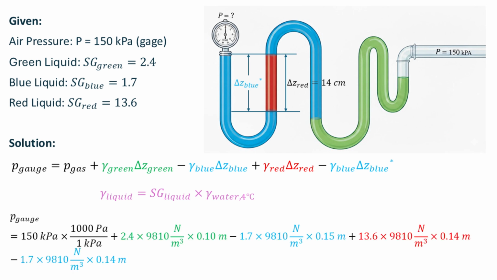And the last step of this solution process is the easiest. We substitute the given values with appropriate units into the developed equation, and with the help of a calculator or a superpower brain, we can soon find the answer. And the final answer is approximately 166.2 kilopascal. And this is going to be the reading of the pressure gauge.